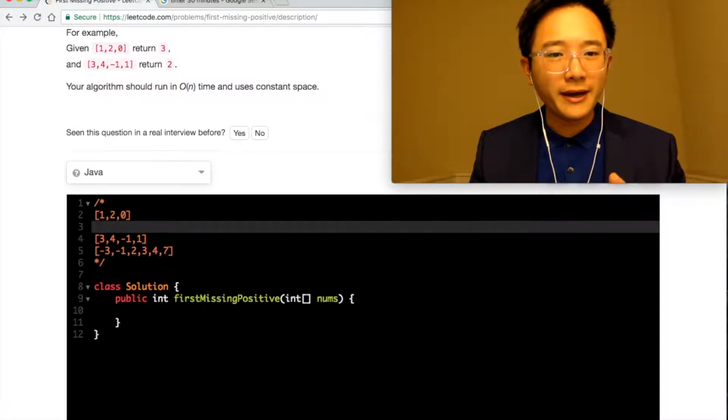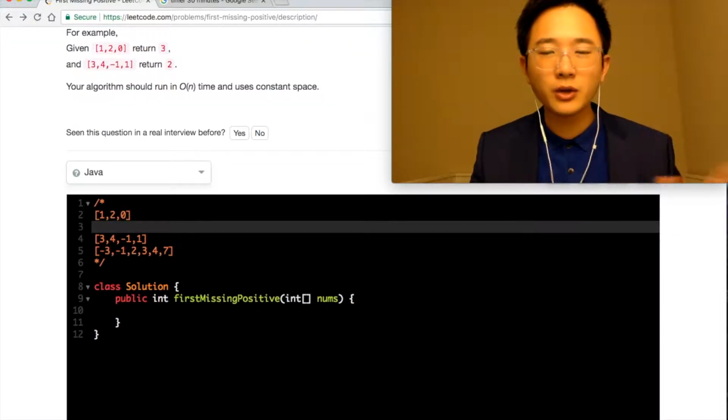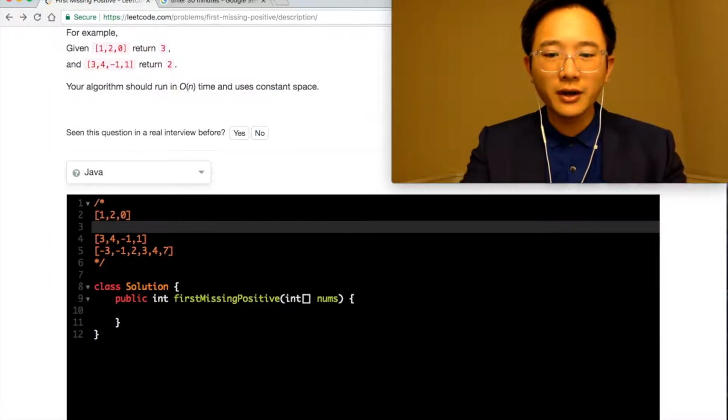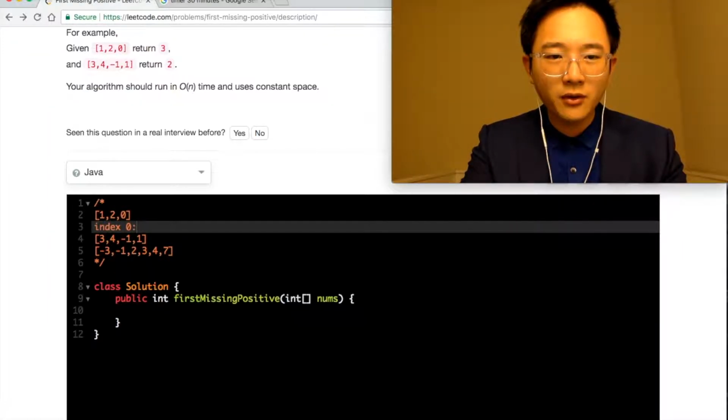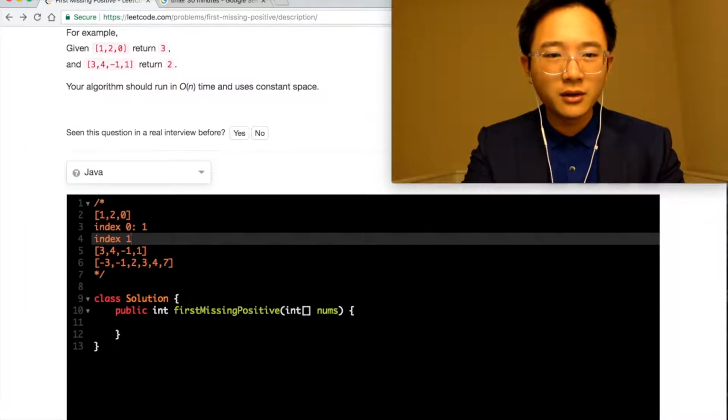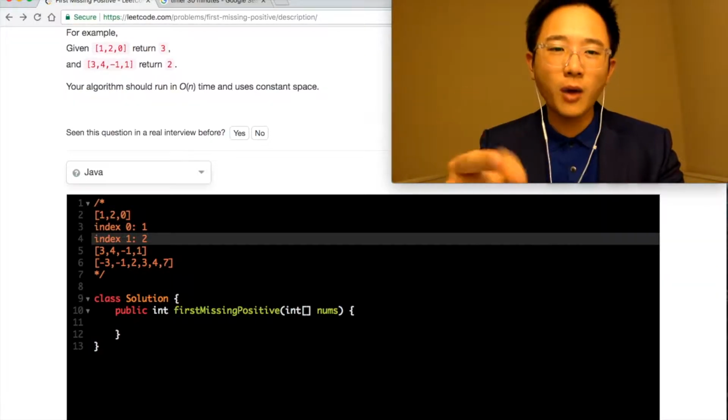So what if we put 1 at its original position, and then we swap them? 1 is at index 0. So at index 0, we have 1. What if we swap with index 1? What does index 1 have? 2. What if we swap these two?